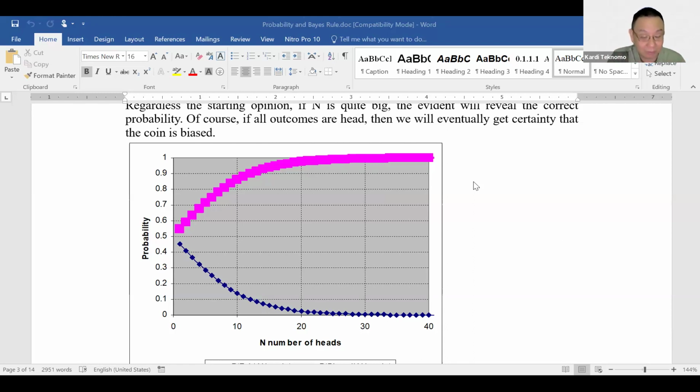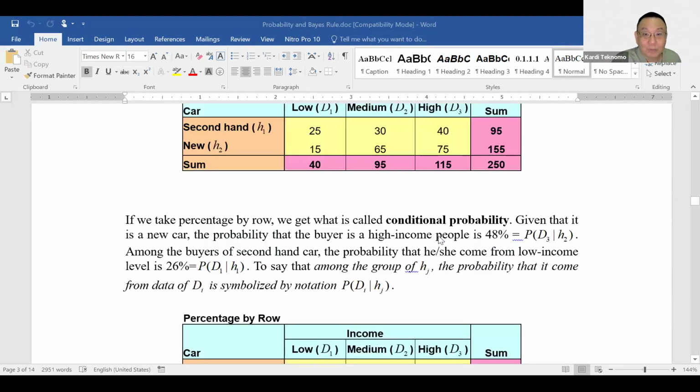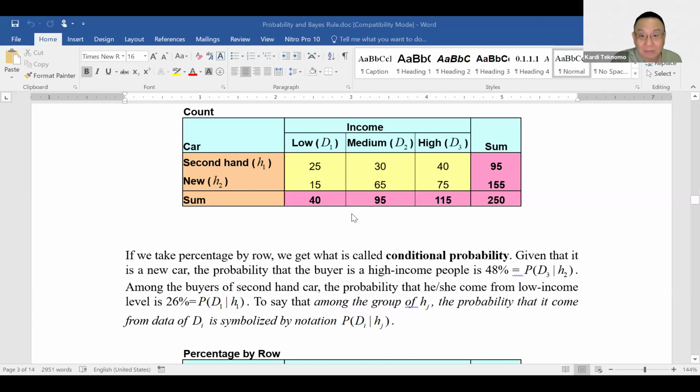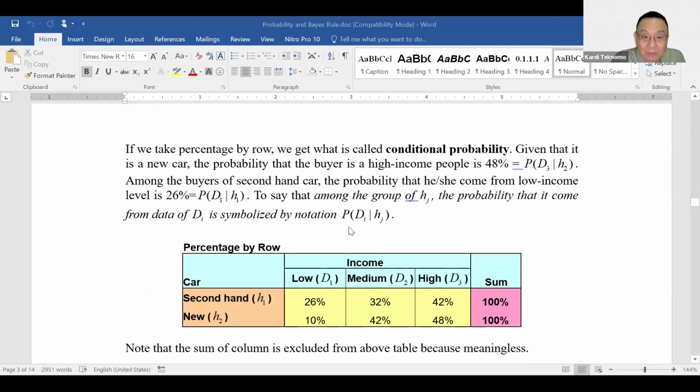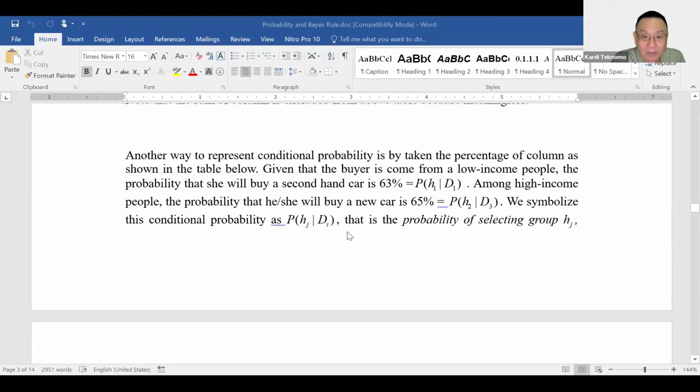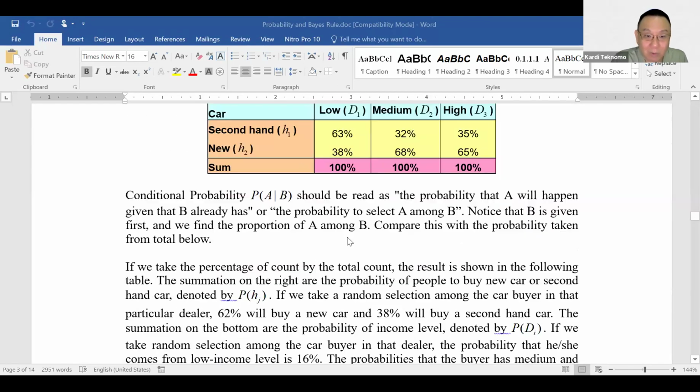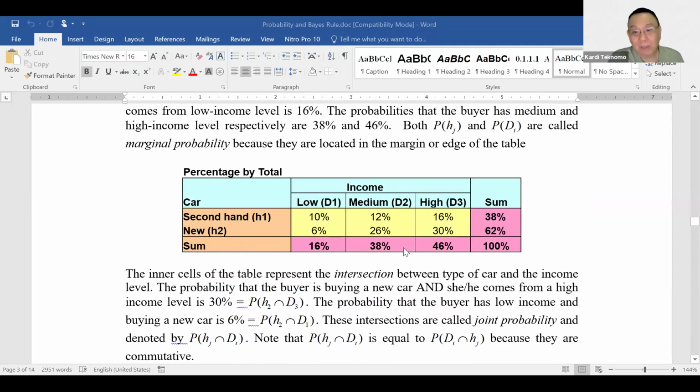Initially, you can say anything as your prior. After you get the evidence, you revise your opinion. So the same thing as earlier: with this table, you get the value, the percentage by row, the percentage by columns, then the percentage by total.